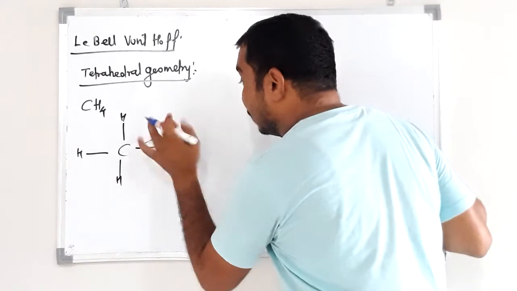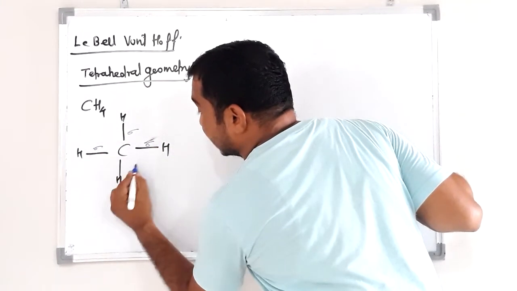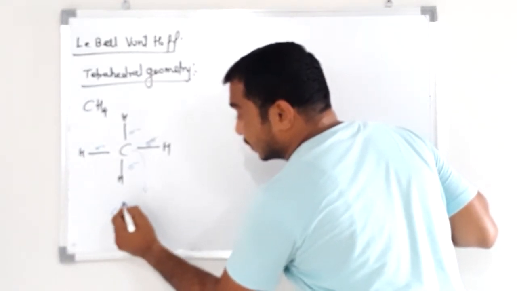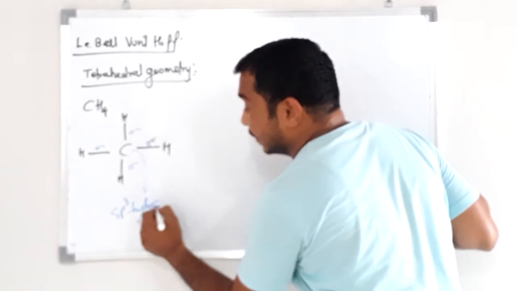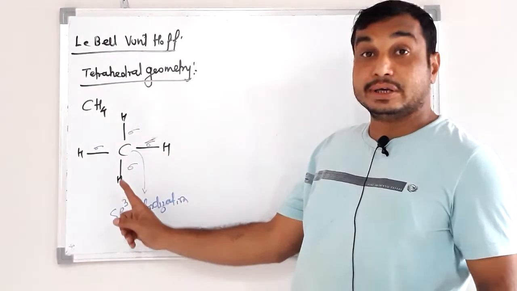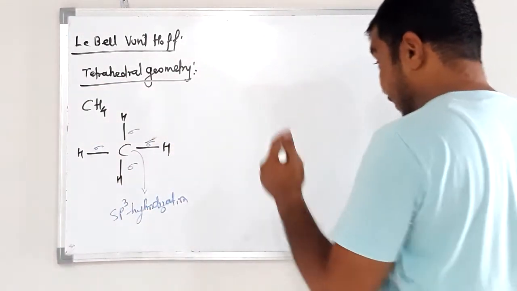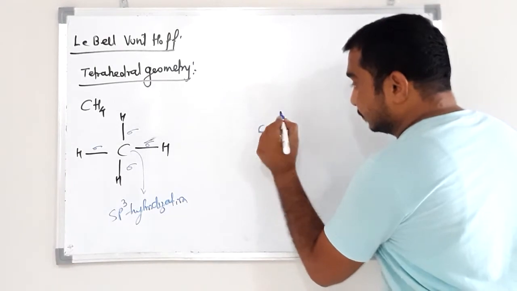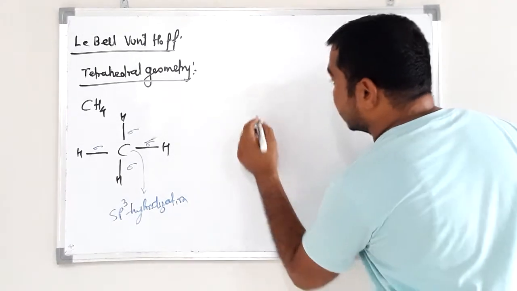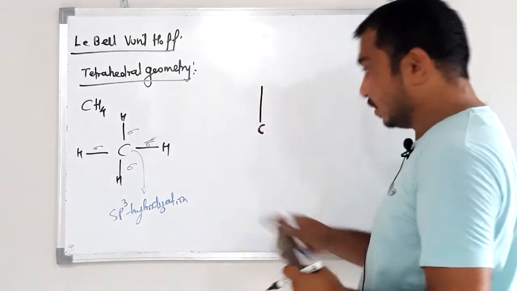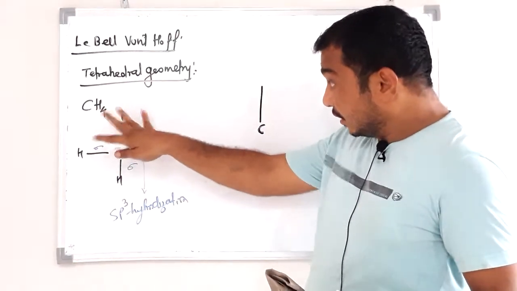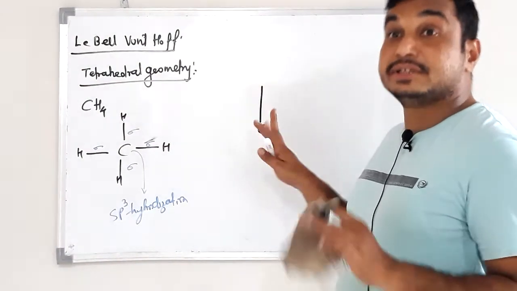These 4 bonds are sigma, which means this carbon is under sp3 hybridization, and the geometry of this methane molecule is tetrahedral. I will draw the geometry. This is the carbon, centrally present, and 4 atoms attached. In methane, 4 hydrogen atoms are attached, and their arrangement around this carbon is tetrahedral.